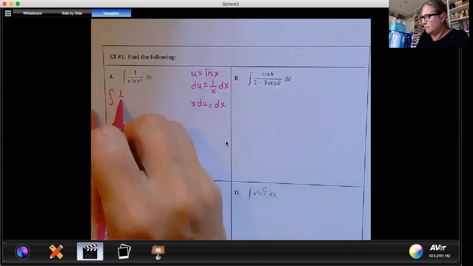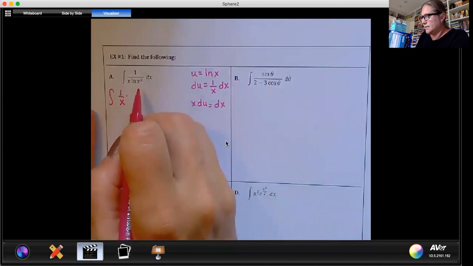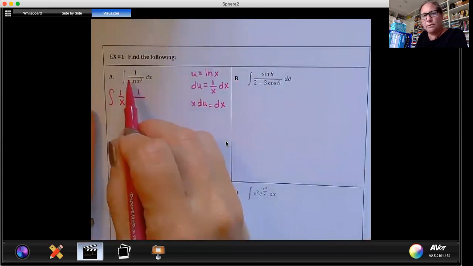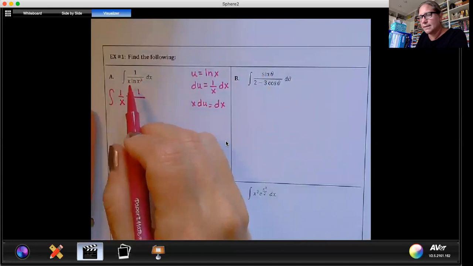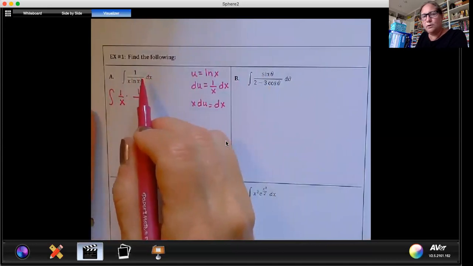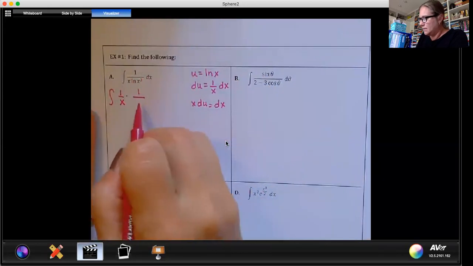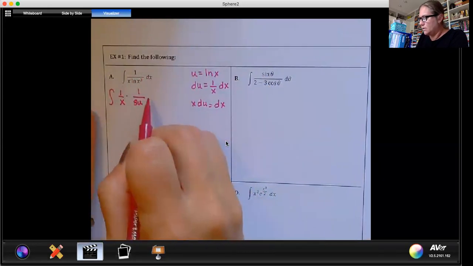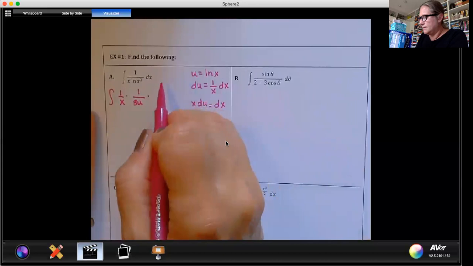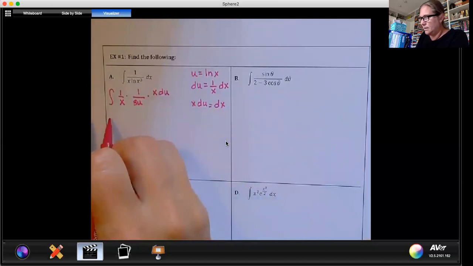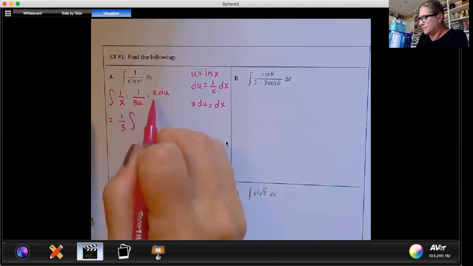Substitute 1 over x times 1 over, and we can bring that 3 down. Remember your rules of exponents, rules of logarithms: the number in front becomes the exponent. So that makes 3u times x du. So that's 1/3 antiderivative, the x's cancel.